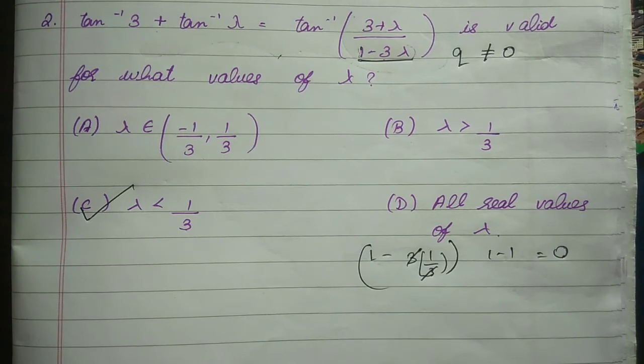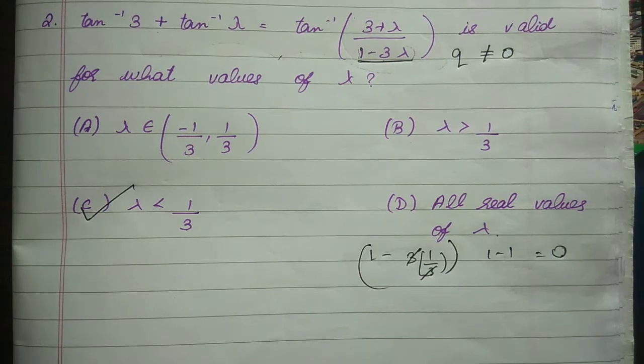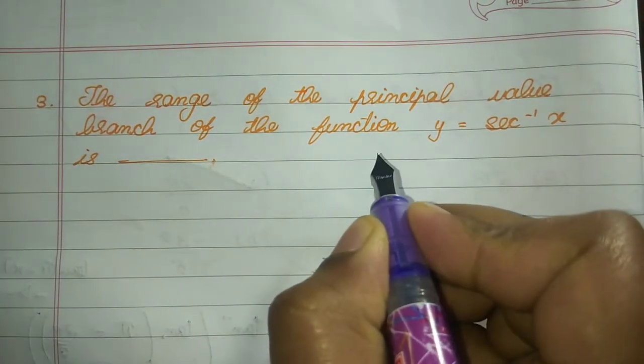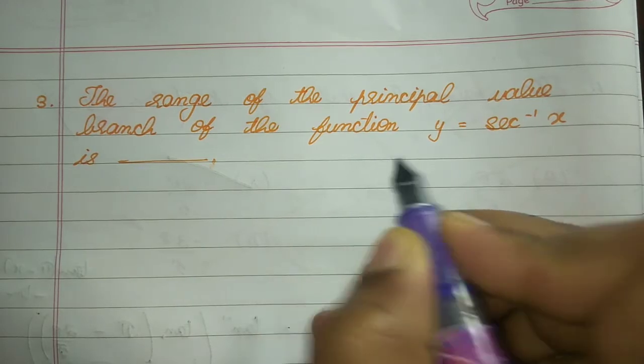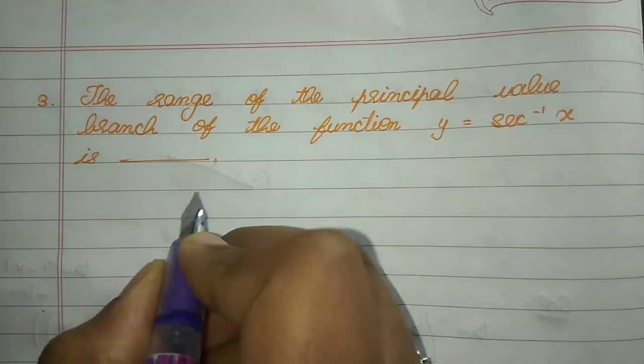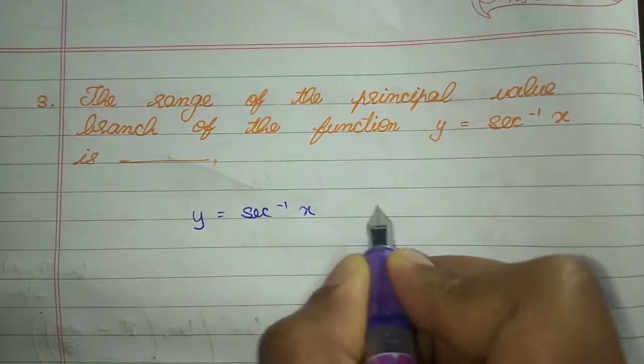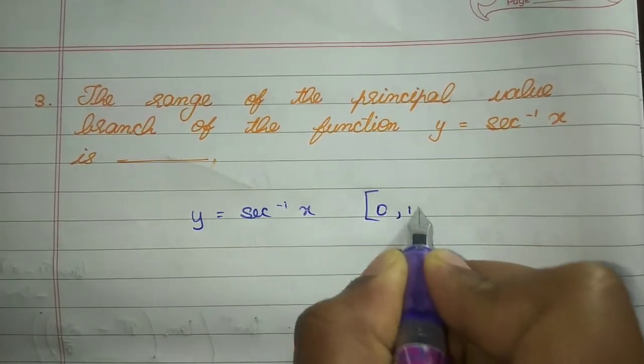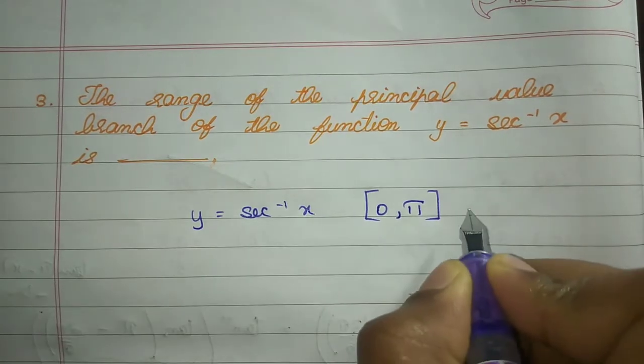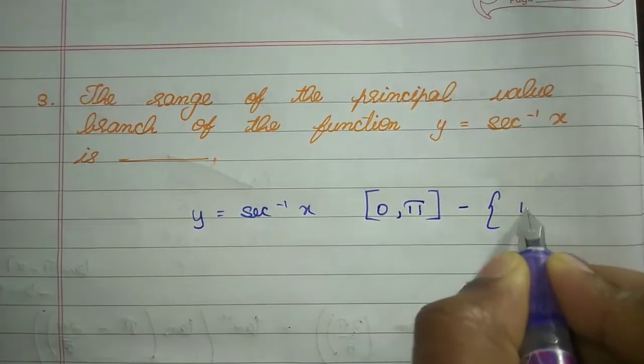For such types of questions, you need not work out anything, only a little bit of thinking is enough. Here only the principal value branch range is asked. We know the range, no? Y is equal to secant inverse x means the range will be 0 comma pi, except pi by 2.